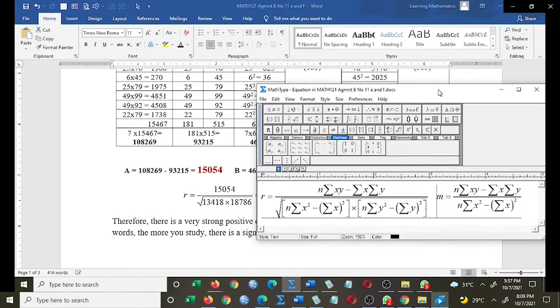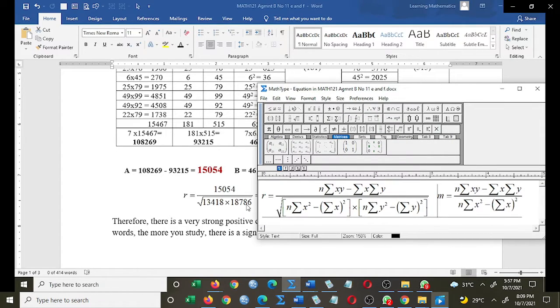So we can see now that our numerator will be 15054. What do you think the denominator is going to be here? Let me write it there. Up and down. Up is the numerator, 15054.